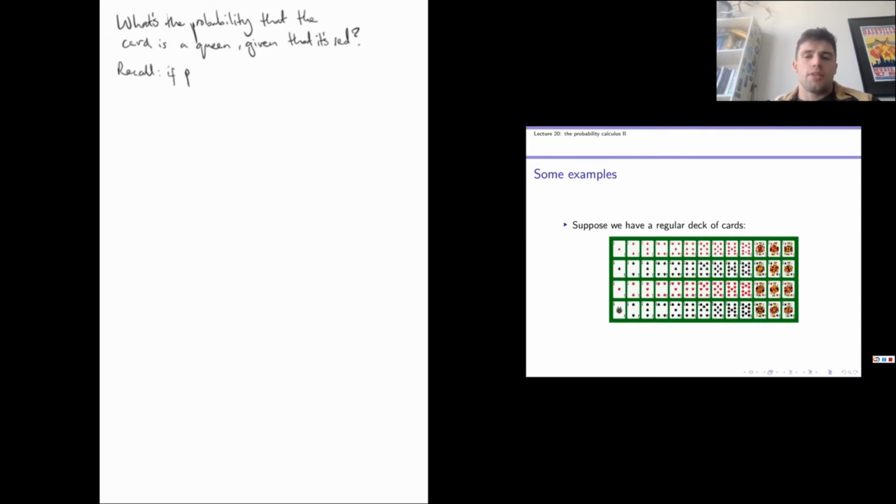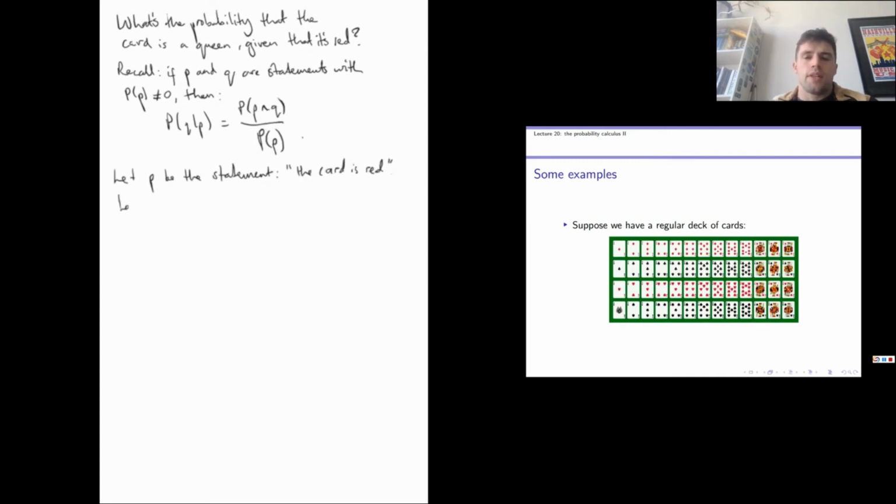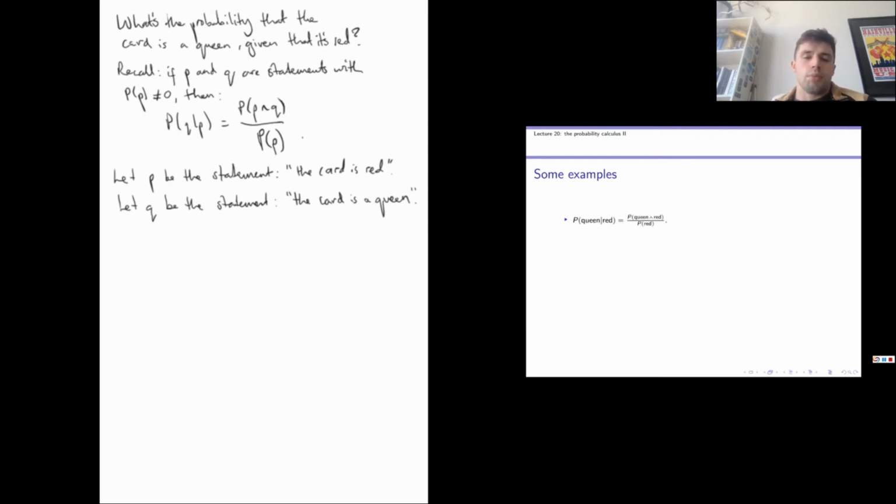If P and Q are statements where P of P is non-zero, then the probability of Q given P is the probability of P and Q divided by the probability of P. Now, if we let P be the statement the card is red, and Q be the statement the card is a queen, then we notice that the probability of P is non-zero because there are red cards in the deck. So we can make sense of the conditional probability that we're interested in, and we can say that the probability the card is a queen, given that it's red, is the probability that it's both a queen and red, divided by the probability that it's red.